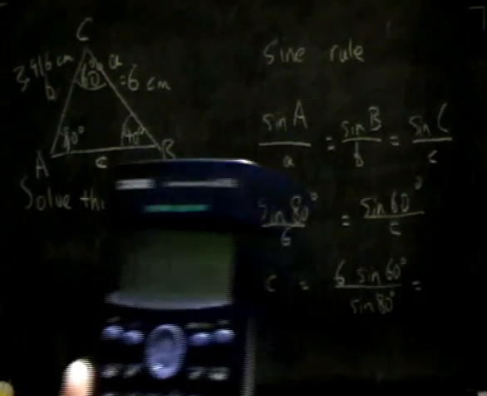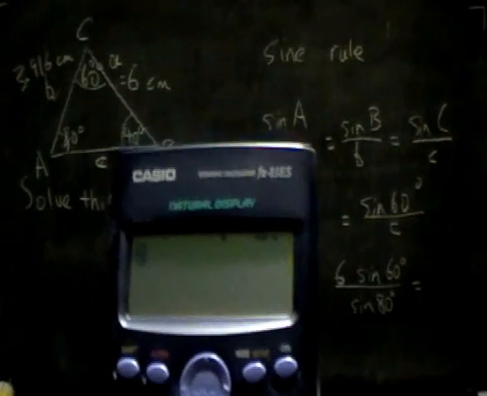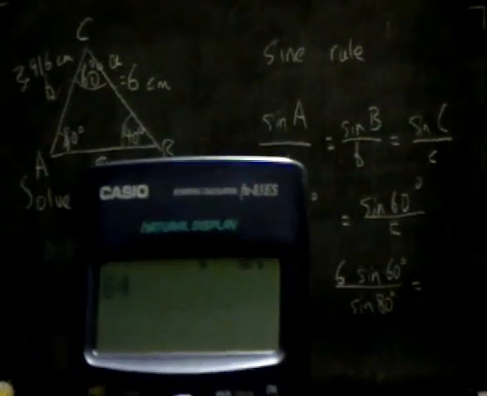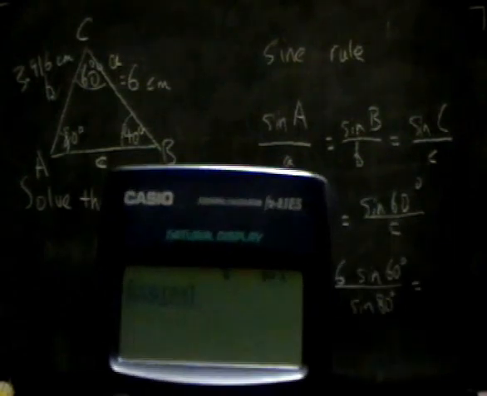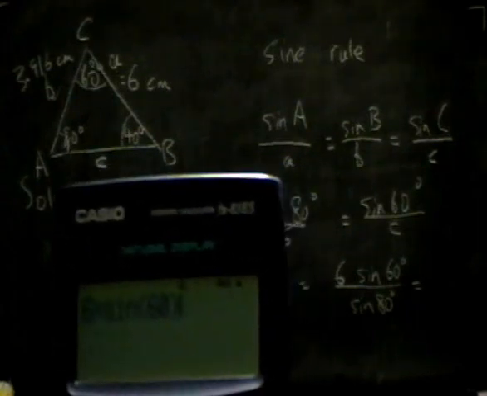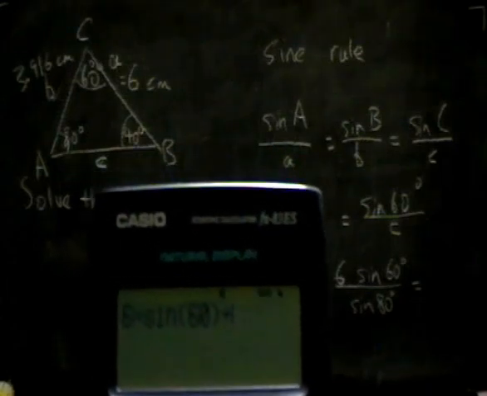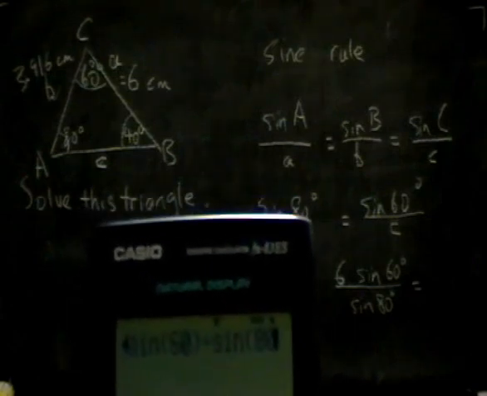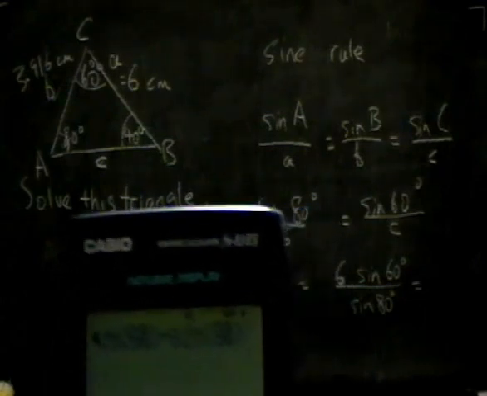okay, let's take out our calculator and do it again. So that would be 6 times sine 60 divided by sine 80. Correct?